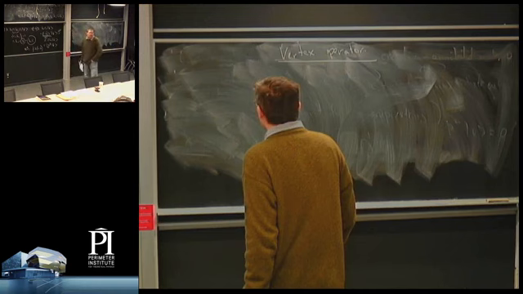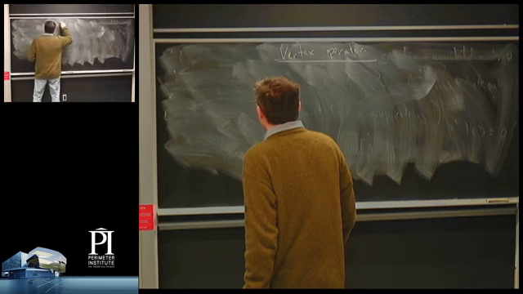Or you can have the OPEs of operators. And what I want to explain now is that there is an isomorphism. So there is a detailed relation between these two concepts. Good. So we're going to talk about the vertex operator.